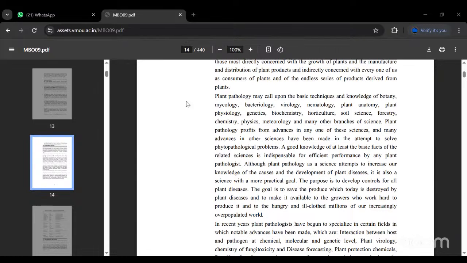Although plant pathology as a science attempts to increase our knowledge of the causes and the development of plant diseases, it is also a science with a more practical goal. The purpose is to develop controls for all plant diseases.